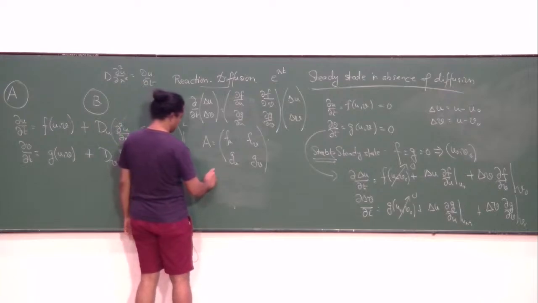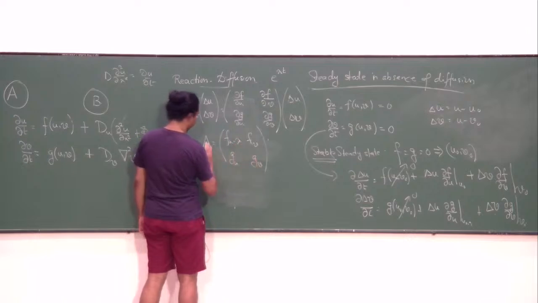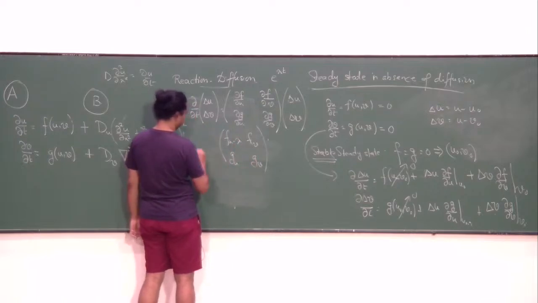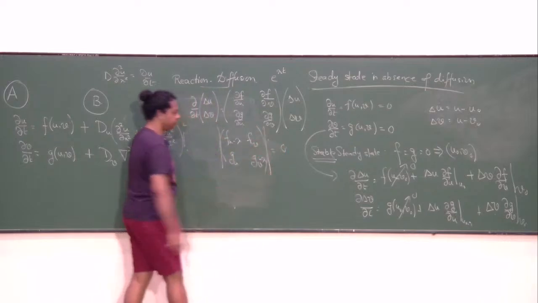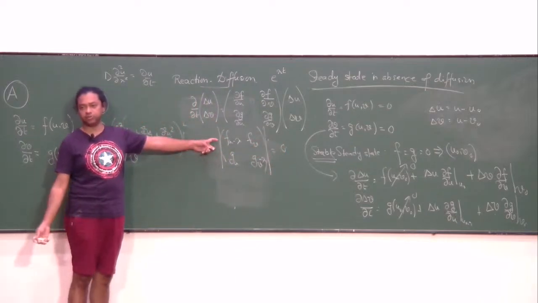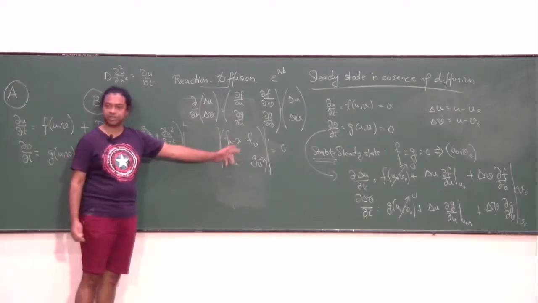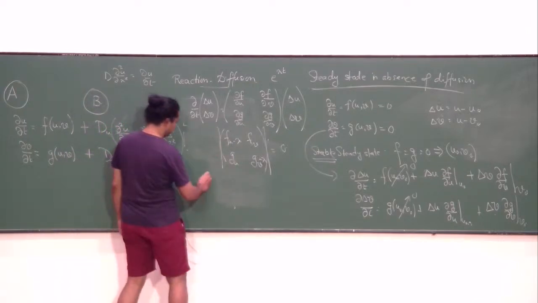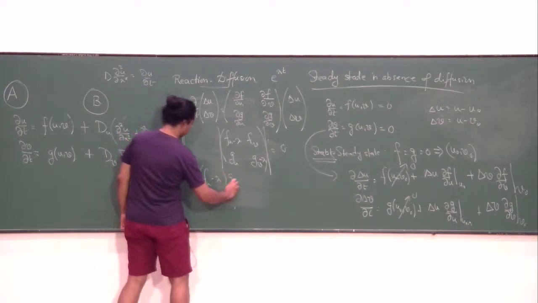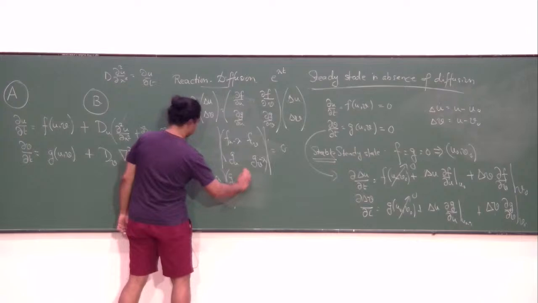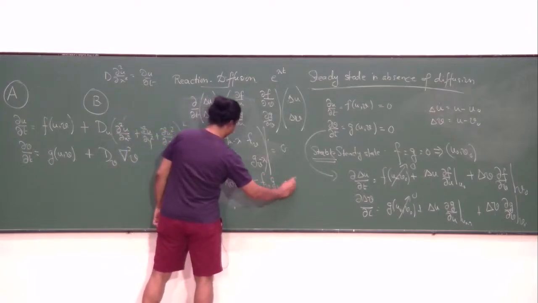What I need to solve is the characteristic equation: determinant of this minus lambda I equal to 0. Since it's a 2 by 2 matrix, hopefully all of you can in principle find the eigenvalues. So let me write that out. Fu minus lambda, Gv minus lambda, minus Fv Gu is equal to 0.